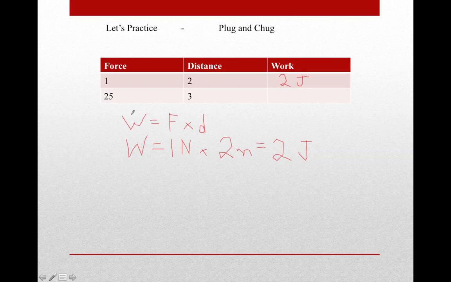Let's do one more practice problem, but I'm feeling you've already got this mastered. So we have a force of 25, a distance of 3. So say we wanted to carry a rock 3 meters. How can we calculate the work? We write in W equals our force, which is 25.